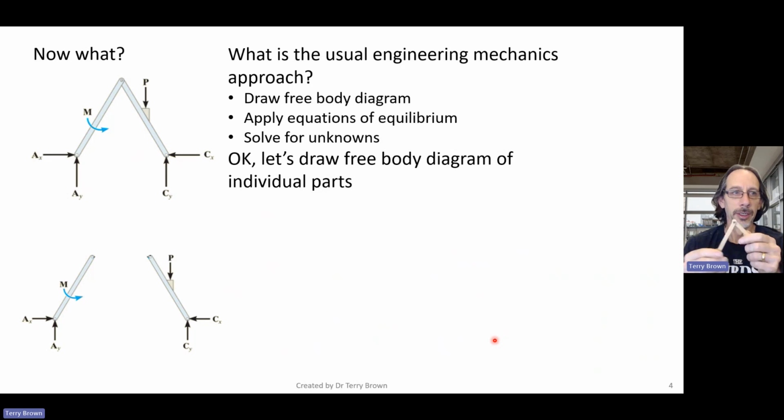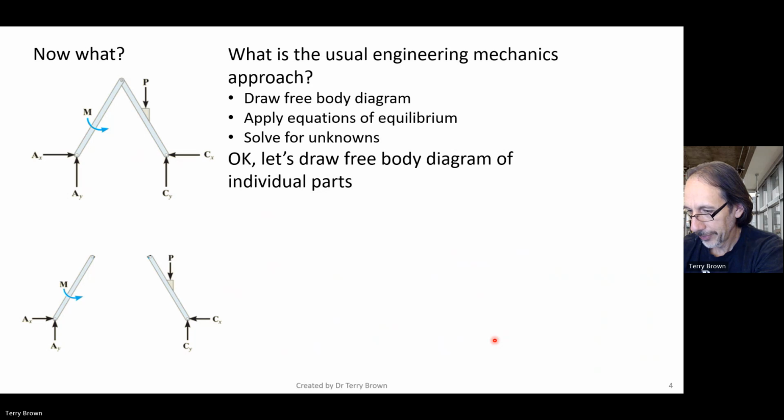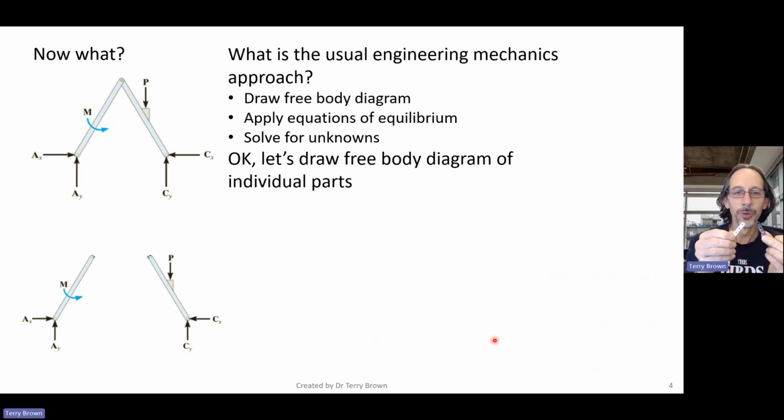Okay, so if you look at me across to the side, you can see I've got the frame here, and I'm going to imagine that we've separated these two things. I should really have another one. Right, so we pull them apart.